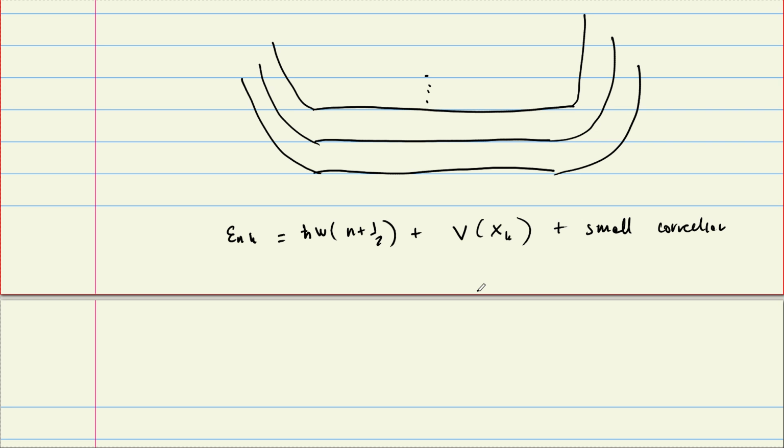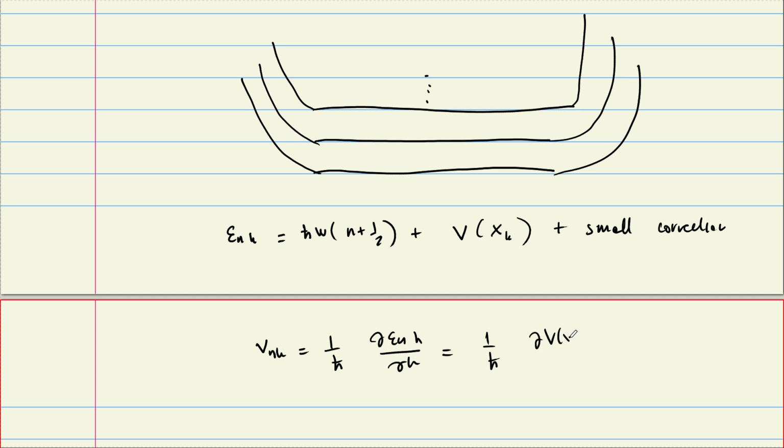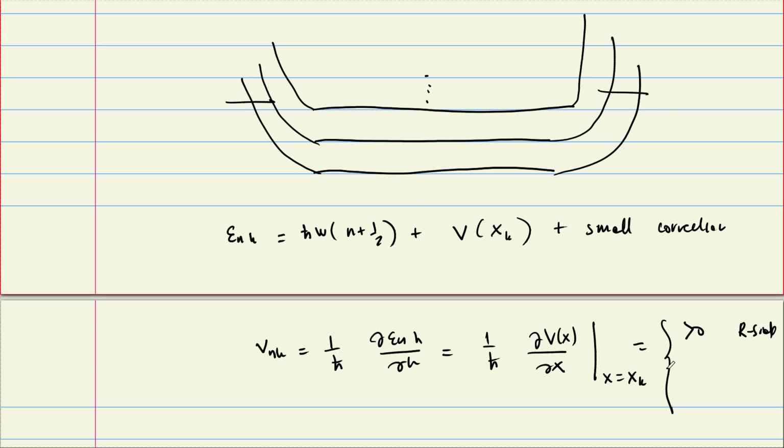The only relevant term is this one, and v_nk is going to be 1 over h bar dE_nk/dk, and this is going to be 1 over h bar dV(x)/dx at x equal to x_k. This is bigger than 0 if you are on the right side; the derivative is negative here and positive here, and this derivative is going to be 0 on the left side.